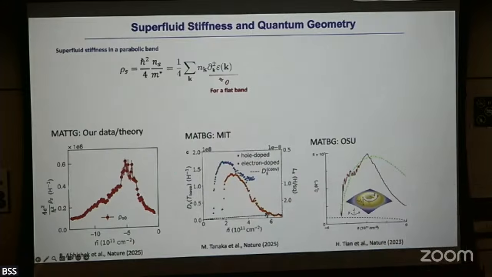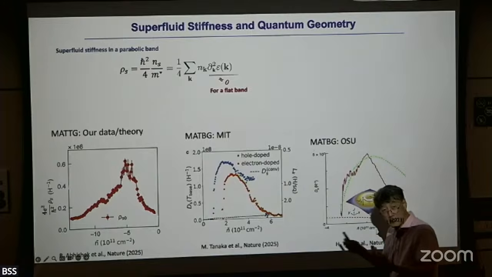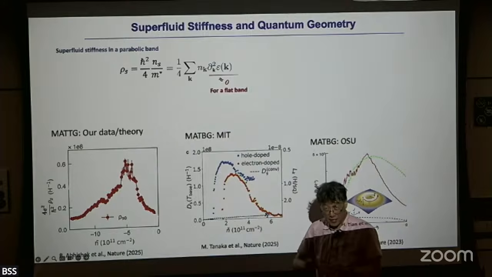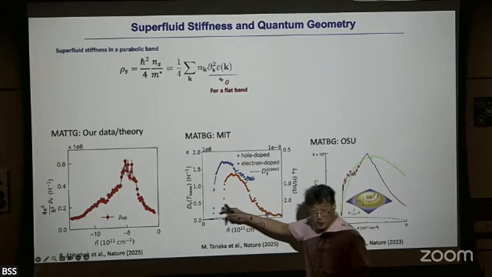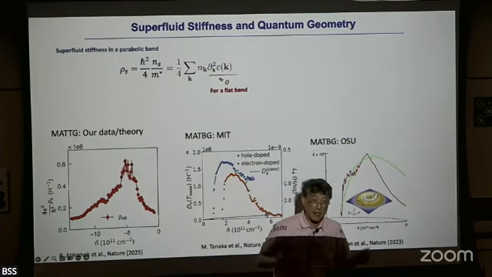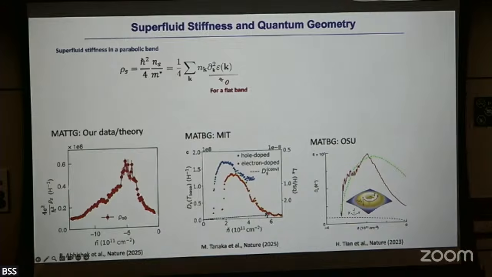They use a slightly different technique, but nevertheless they also measure the inductive response of the sample and plotted out their superfluid stiffness. For them there's a different way of calibrating the data, but effectively they also calibrate out the disorder, the W over W settings. After all that, if you compare the data, they are about the same numbers. I think there are some differences, but not more than a factor of two, right?